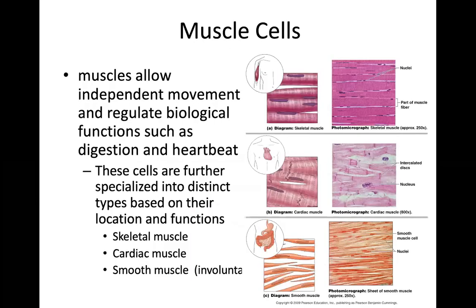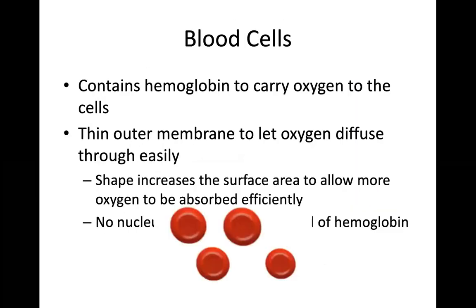Next are muscle cells. So these allow independent movement. But they also regulate biological functions such as your digestion and heartbeat. So there are skeletal, cardiac, and smooth. Smooth muscles are the involuntary ones. Okay. Next are blood cells.